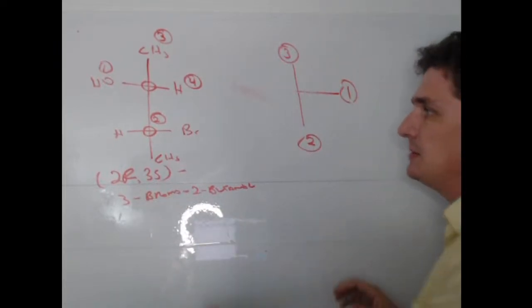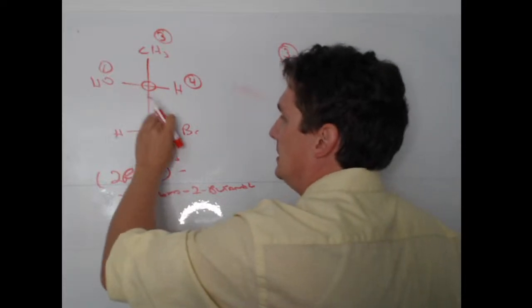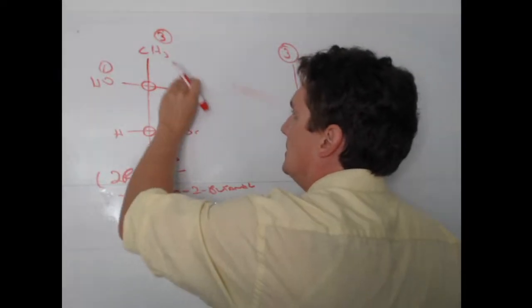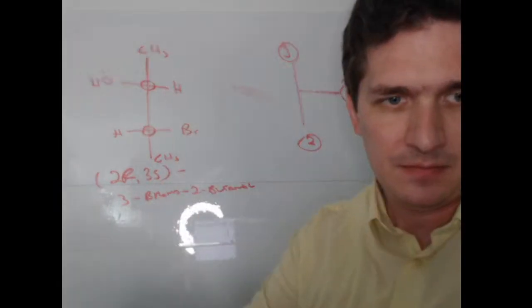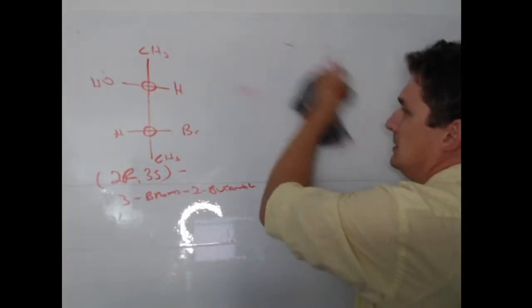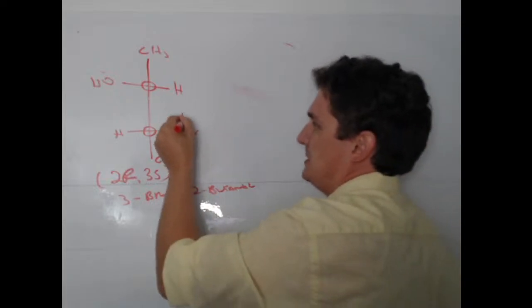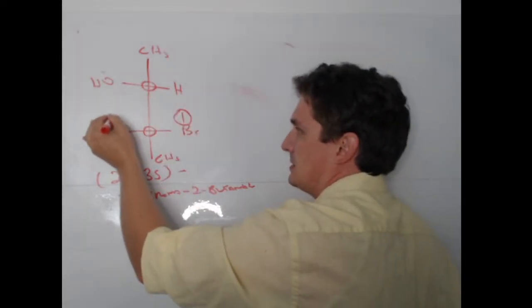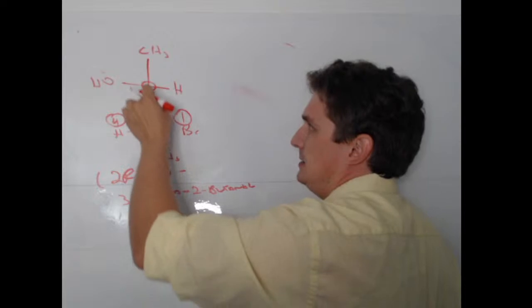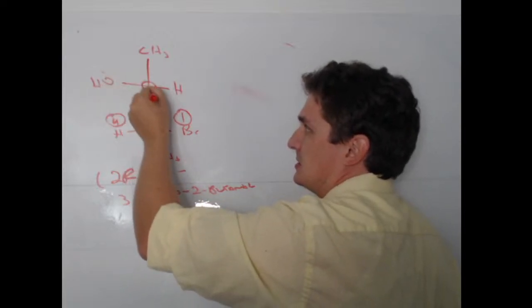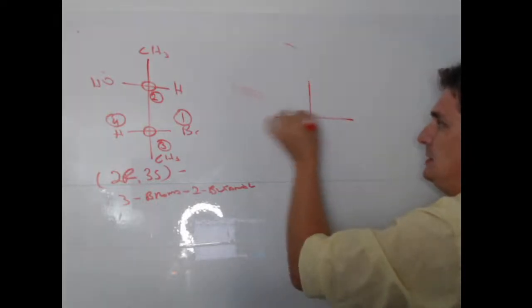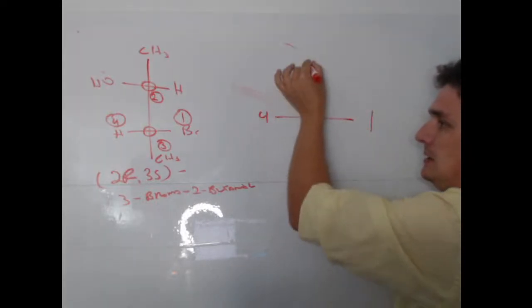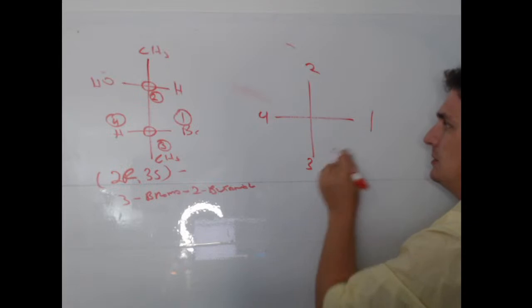So let's see if I got it right for the bottom one. Bromine's highest, hydrogen's lowest, and this is connected to the oxygen, so this is going to be 2, and this one's going to be 3. If we draw it again, we've got 1, 4, 2, 3.